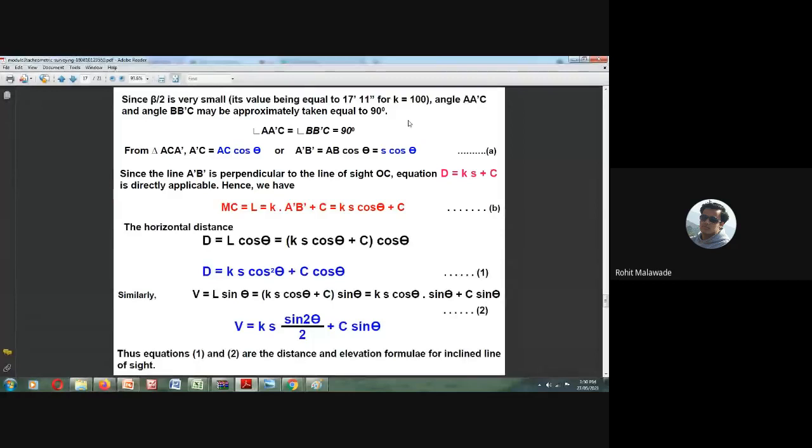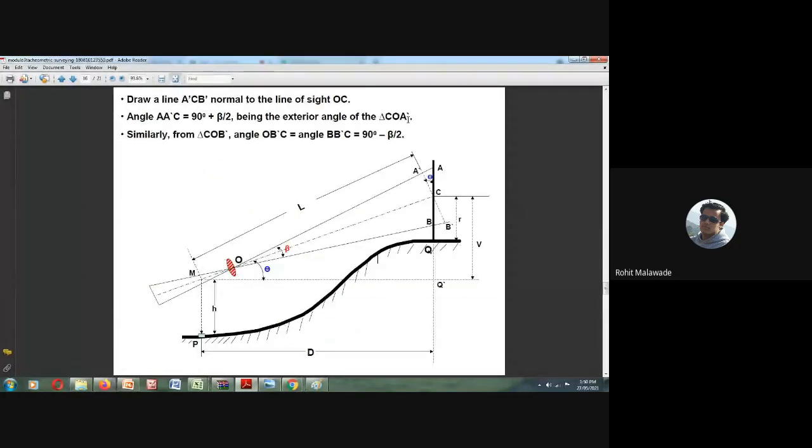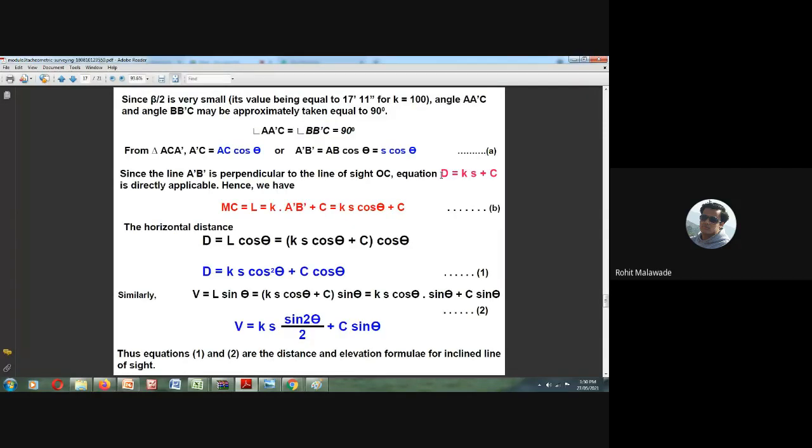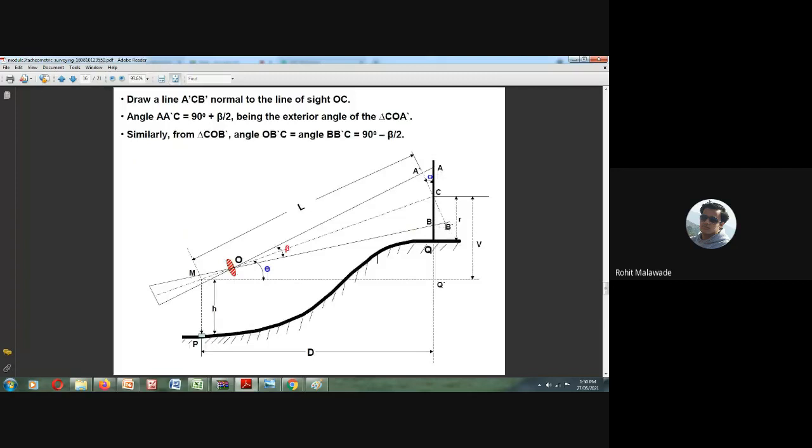A dash C and B dash C each make an angle of approximately 90 degrees with the line of sight. I am not saying it is exactly 90, but it is near 90.